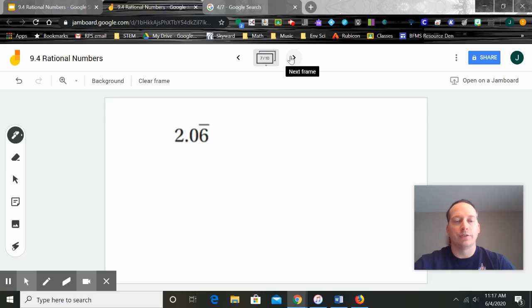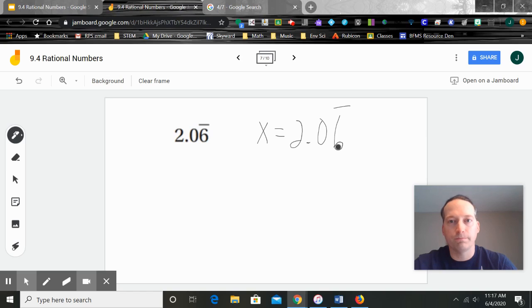Kind of neat. Let's go to this one, 2.06. So x equals 2.06 repeating. So how many digits am I repeating here? I'm repeating 1. Okay, even though there's 2 digits after the decimal point, only one of these digits is repeating. So again, I'm going to multiply by 10 to the 1 power, or the first power.